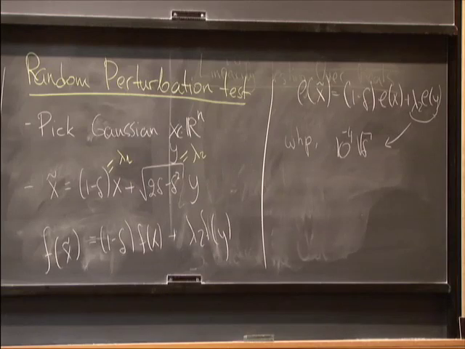If I take x and x tilde from the random perturbation test, random perturbations of one another, with probability at least 0.9999, E of x minus E of x tilde is at most some 10 to the minus 4 square root delta.